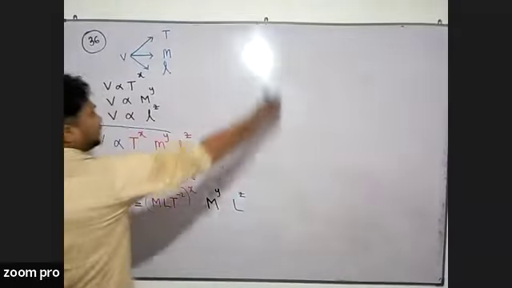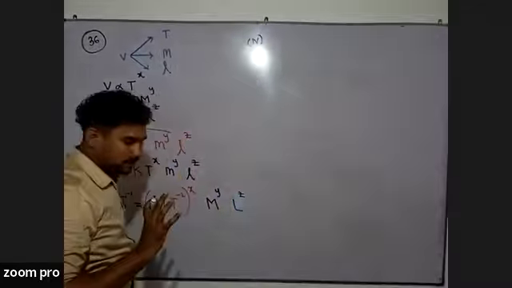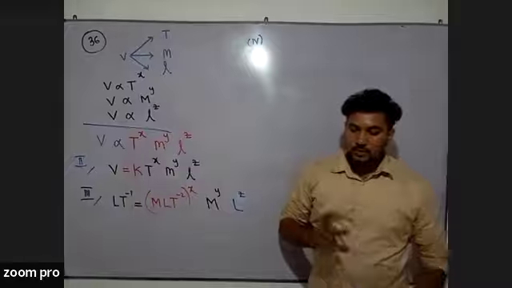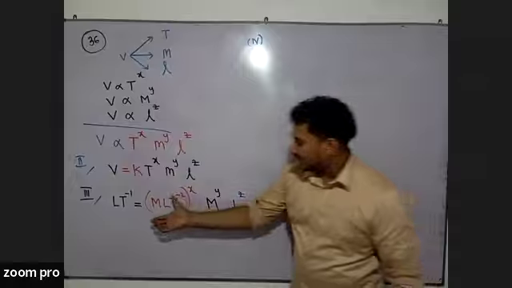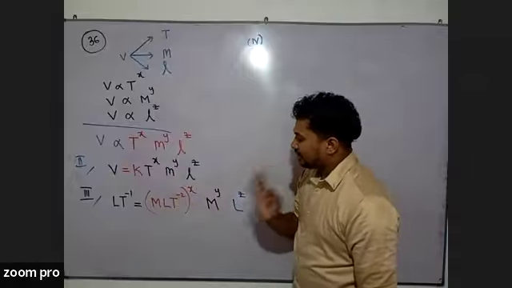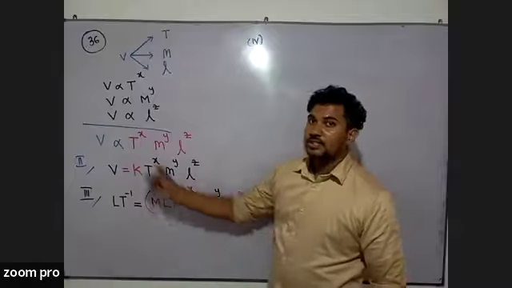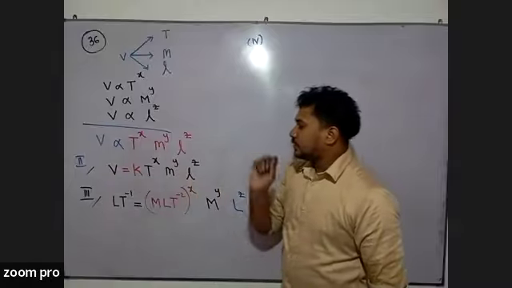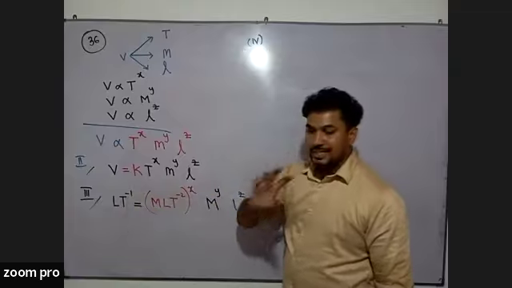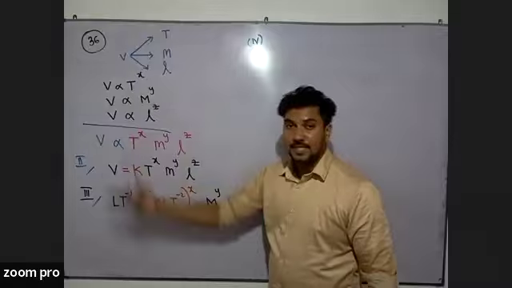Right. So now we have completed the first three steps in this question. The fourth one is that we have to analyze the dimensions, right? Here you can identify that on the right side of this expression there are three types of dimensions, M, L, and T. But on the left side, only two dimensions can be identified, that is L and T. There's no capital M on the left side.